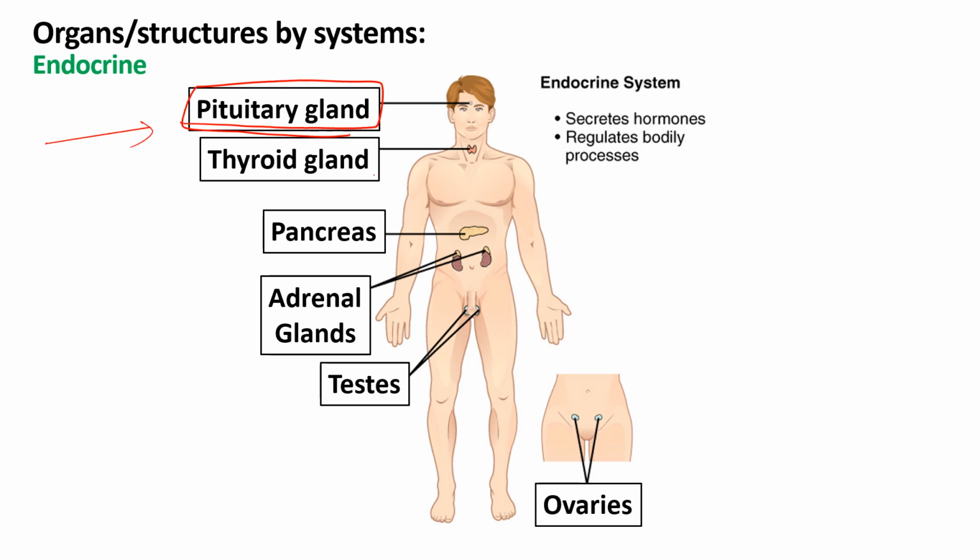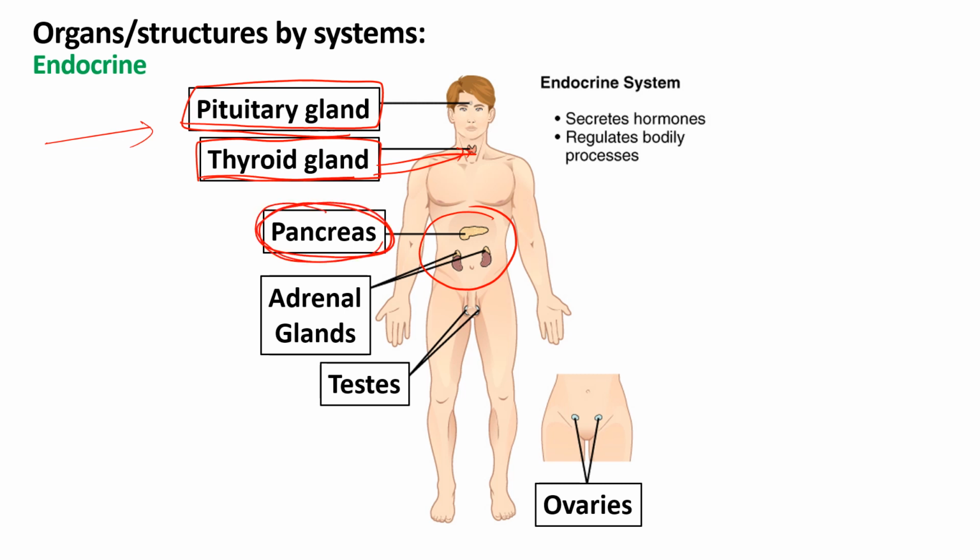In the neck, we have 2 glands, but you just need to remember the thyroid gland. There's another gland that is behind the thyroid. It's called the parathyroid gland. For now, you just need to know that the thyroid gland is the gland that is in the neck. In the abdomen, we have several, but for now, you just need to know the pancreas.